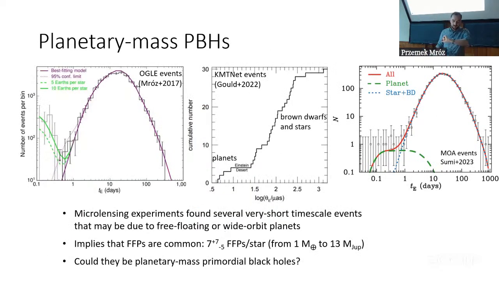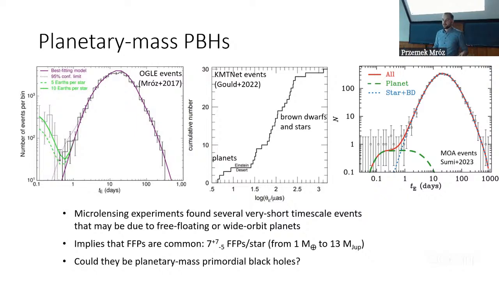And I don't have much time, so a short thing. You probably know that in the last few years, we have been discovering really short timescale microlensing events in the galactic center. We think they are either free-floating planets or planets on wide orbits. It's not only OGLE.